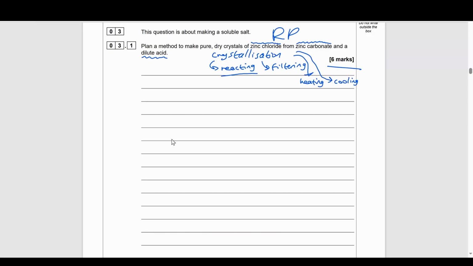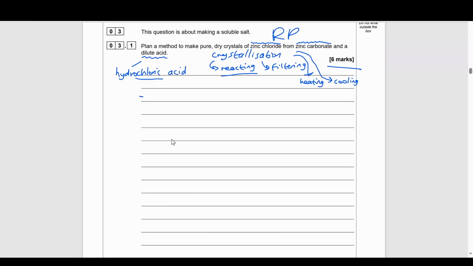The name of our salt is given, zinc chloride. The name of the metal that's in that salt, zinc, is also there. So we need to think about what acid would make zinc chloride. Well, it's got to be hydrochloric acid, because that's where the chloride in our salt comes from.